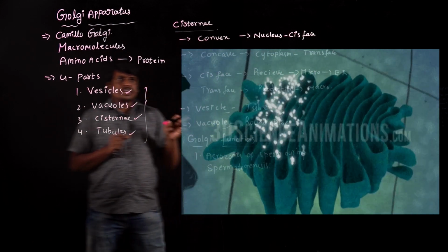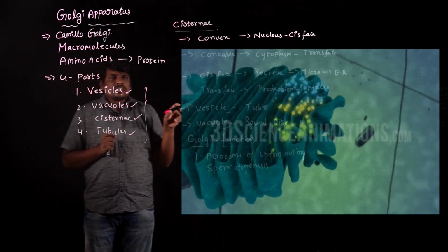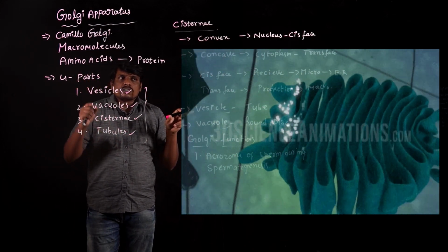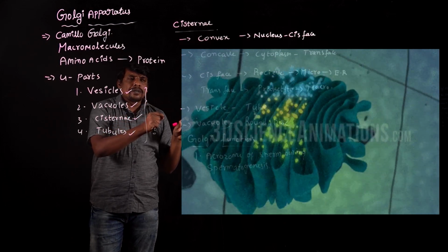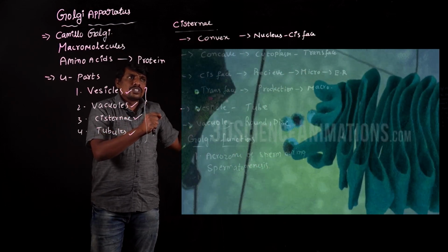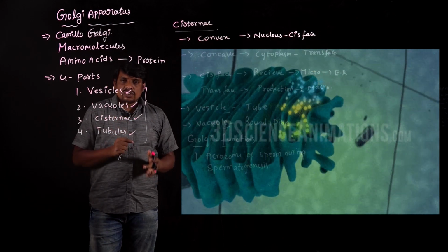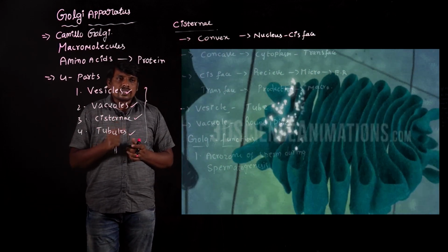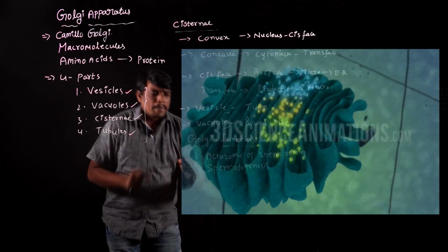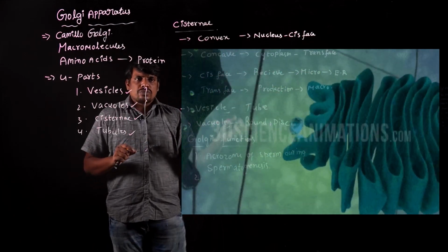As you can see in this figure, the micromolecules are entering into the Golgi operators, and thereafter these macromolecules are coming out of the trans phase of the Golgi operators. Clear, students? And it also does some other functions.